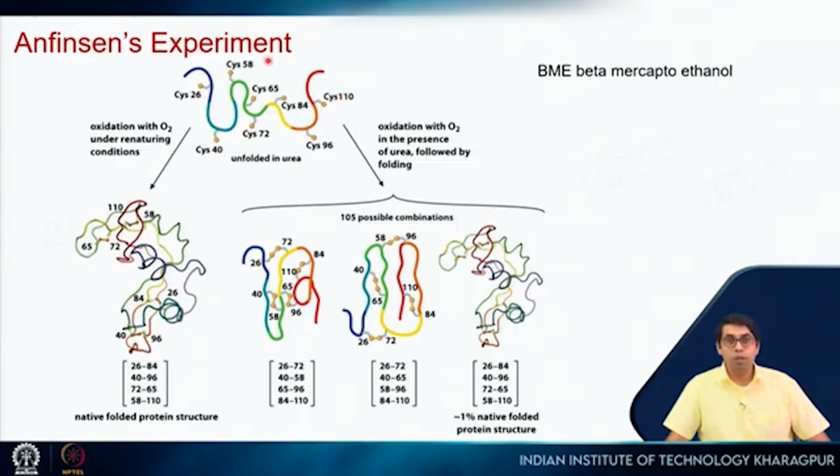So all possible combinations of these 4 disulfide bonds were formed, and only one out of all these possible combinations was correct, and only that one was able to fold properly when urea was removed. The remaining could not. It turns out that if we do our calculations correctly, there are 105 different forms in which these 4 disulfide bonds can be formed, and only one of those is correct. So 1 out of 105 gives you 1% activity.